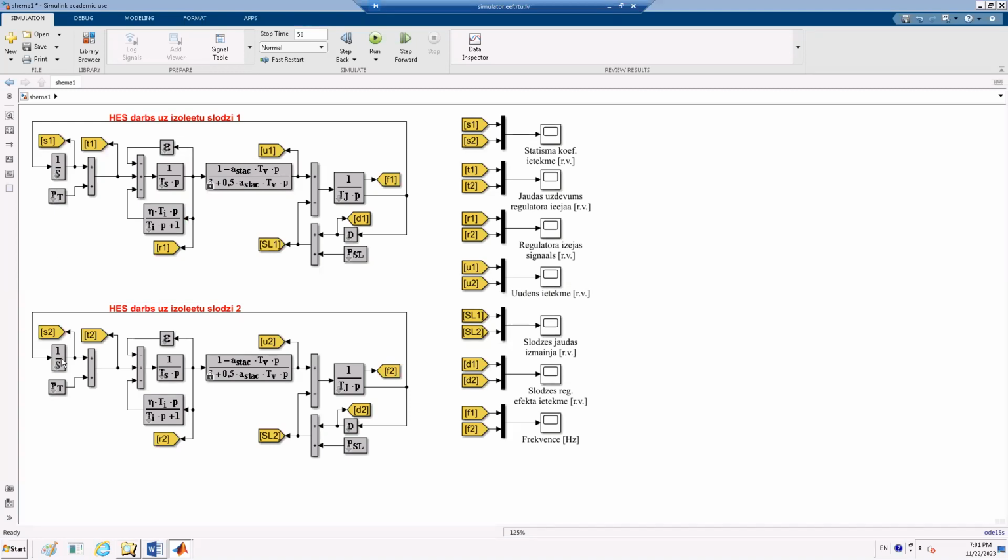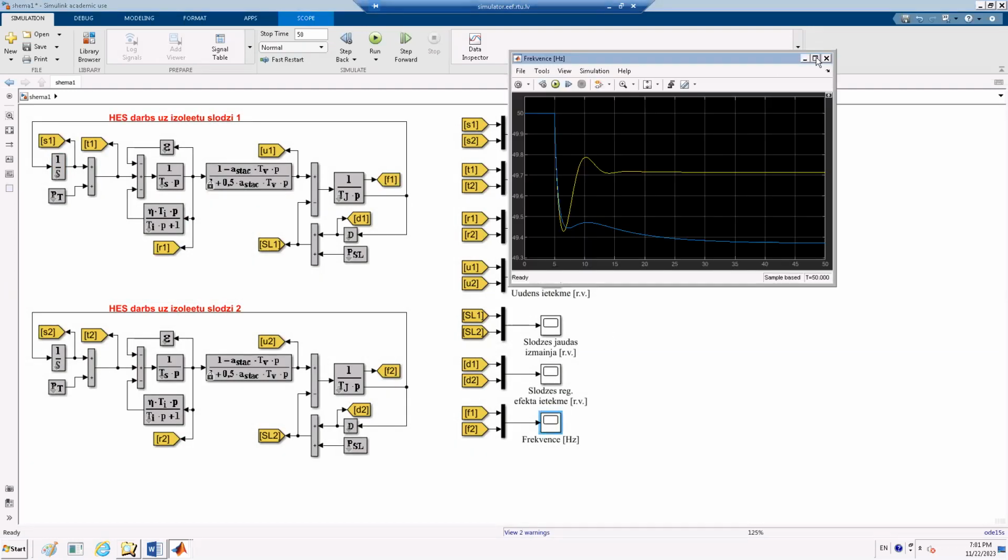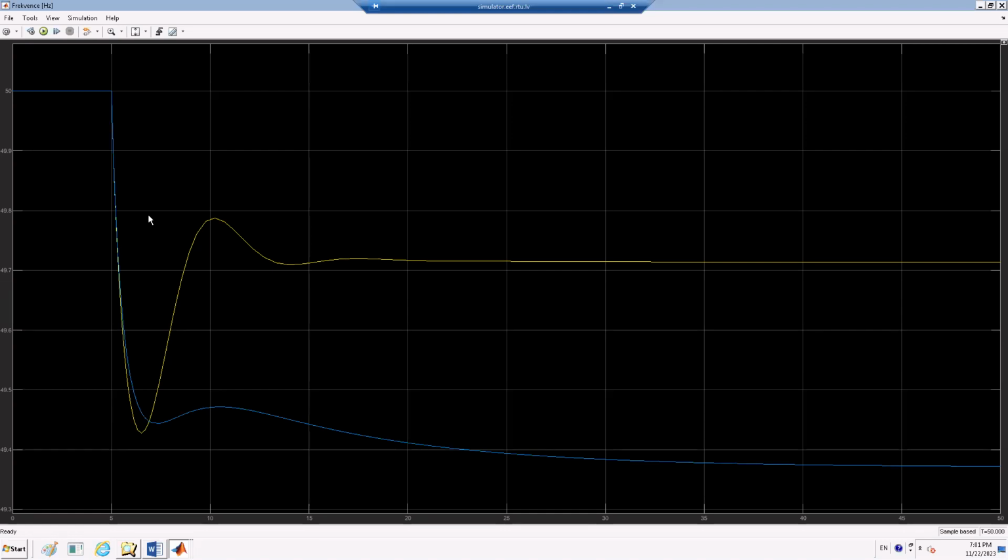Here is more than here, with the same deficit at the time of 5 seconds. Let's see the difference of frequency. Here you could see, the lower the frequency, so we have more power. We have increased the frequency because we got more power, and this is our stabilized frequency here. So we see the difference.